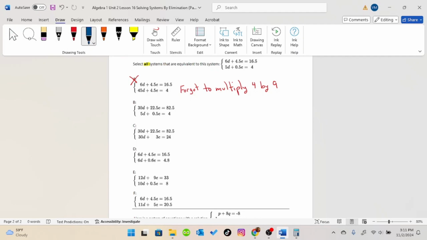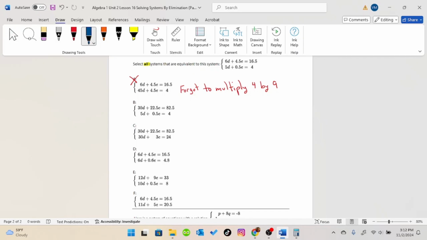Now let's look at B. They went from 6D to 30D, so they multiplied by 5. They went from 4.5E to 22.5E, so they again multiplied by 5. And they went from 16.5 to 82.5, again multiplying by 5.